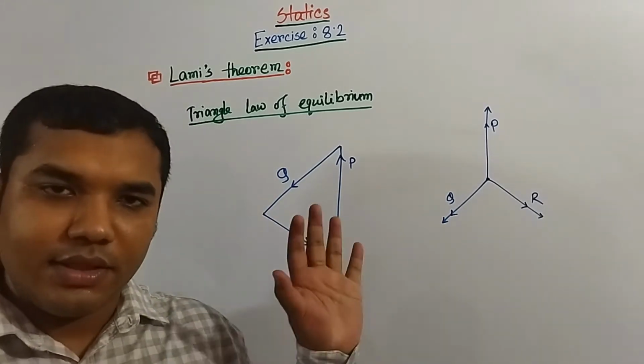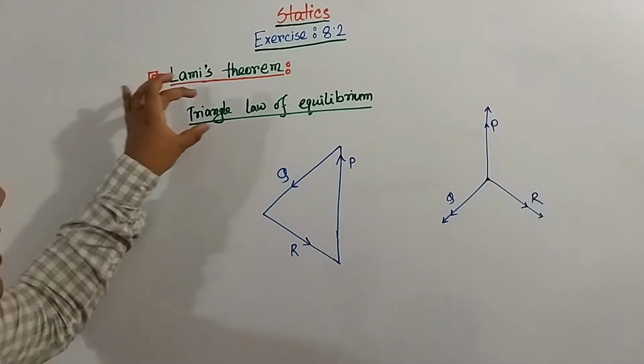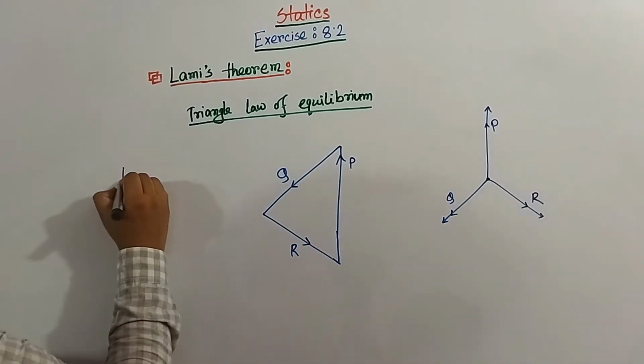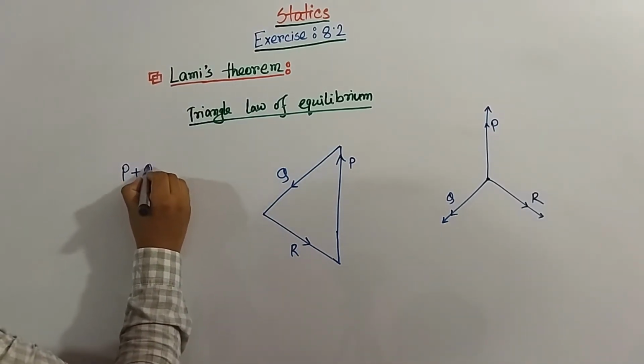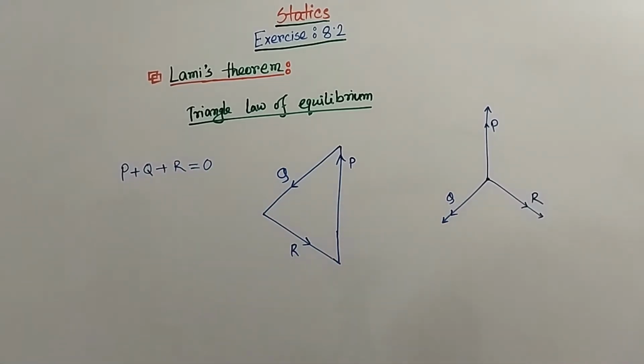This looks like a triangle, and according to the triangle's law of equilibrium, we can say that P plus Q plus R is equal to 0. That means the sum of the three forces is equal to 0.